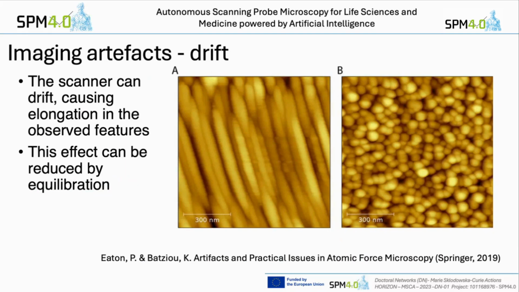So I'm going on to image artifacts. Like I said, there are a lot of different image artifacts with AFM that need to be thought about. The biggest one is drift.